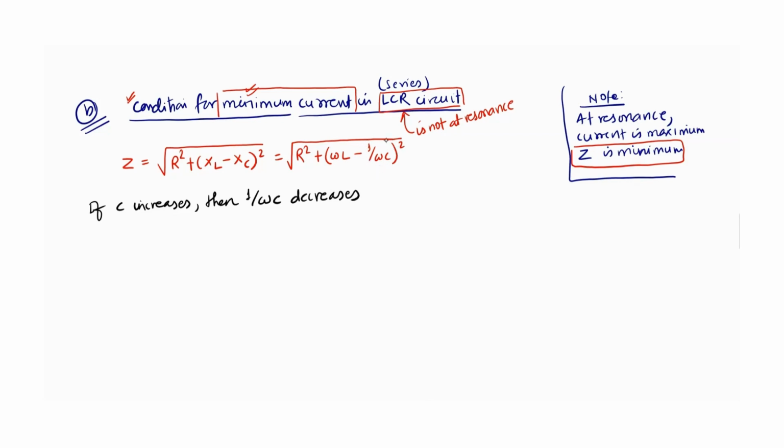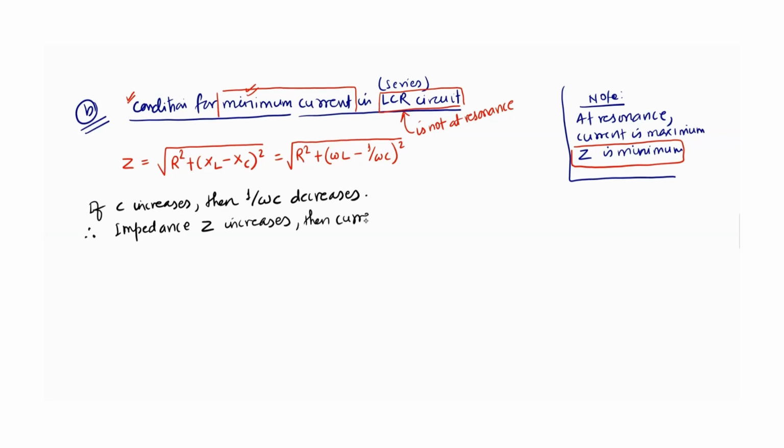So if this decreases, then Z, that is impedance, increases. Therefore, impedance Z increases. And if impedance increases, then current decreases or becomes minimum. So I'm writing over here.